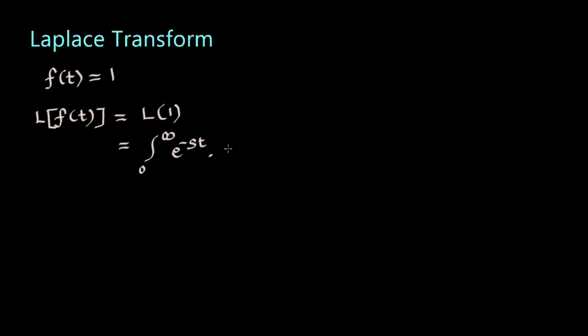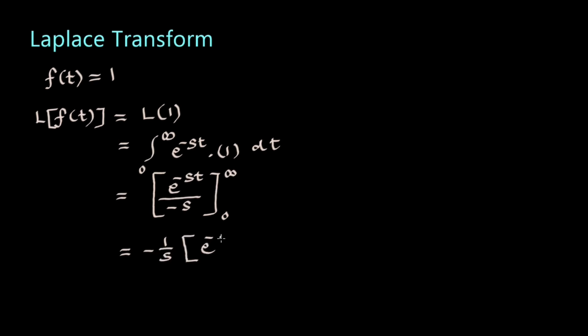We will start with finding Laplace transforms of some simple functions f(t). Let f(t) equals 1, so that Laplace transform of f(t), that is Laplace transform of 1, will be integral from 0 to infinity of e raised to minus st into 1 dt, which will be e raised to minus st upon minus s from 0 to infinity, which is minus 1 upon s into e raised to minus infinity minus e raised to 0.